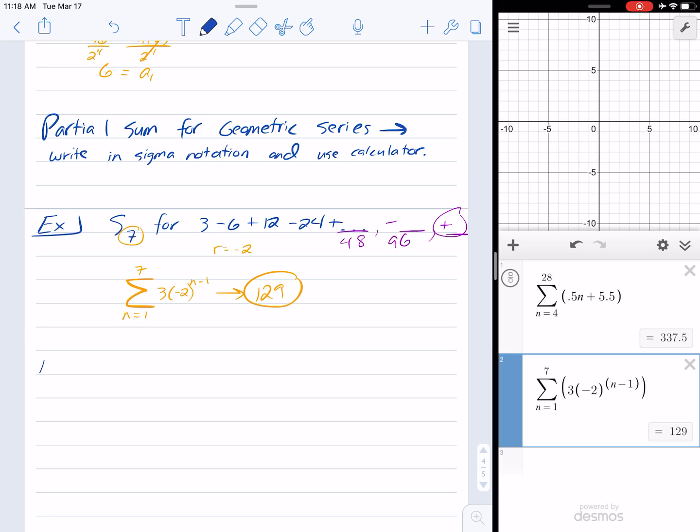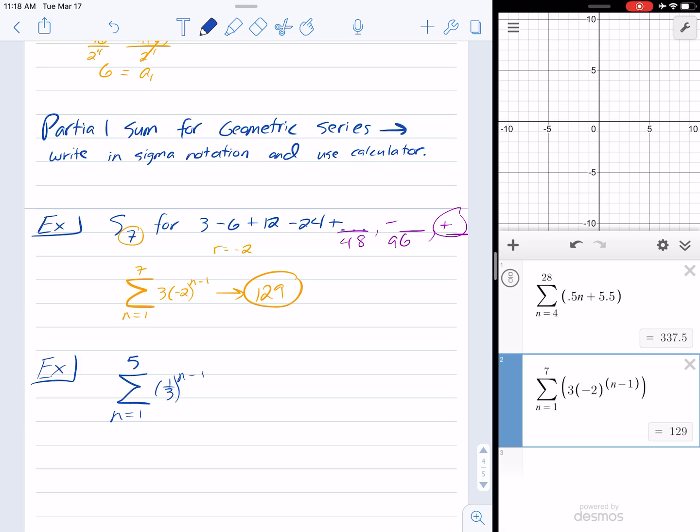Why don't you guys try and just practice? All you need to do for this example is just punch it into your calculator. Go ahead and evaluate the sum of 1/3 to the power of n minus 1. Don't need to expand, just evaluate. So practice punching it into your calculator.